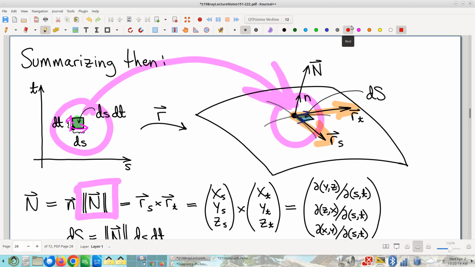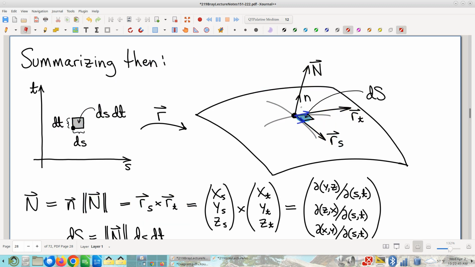We did the calculation, thinking about the magnitude of the cross product of those 2 little edge vectors and doing a little bit of algebra. We found this capital N vector is just the cross product of those 2 partials. It's rs cross rt. Okay, so these are the major players, and this is about where we left it last time.